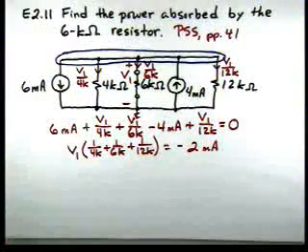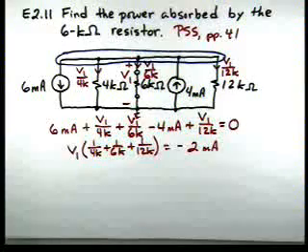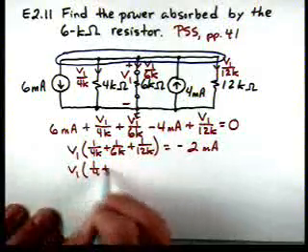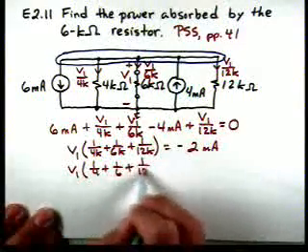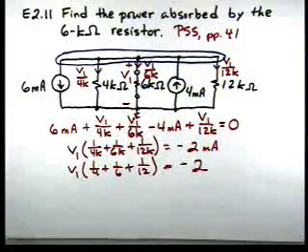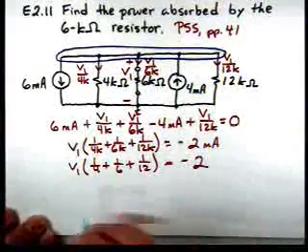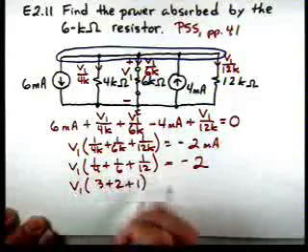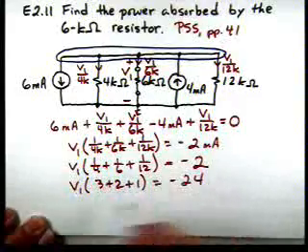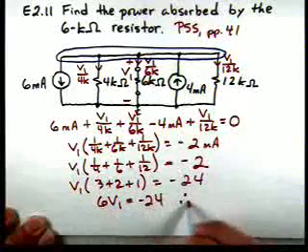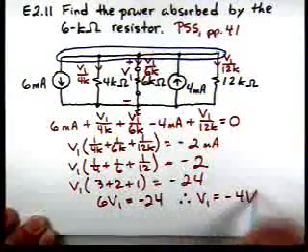If we multiply through by 1,000, we'll have V1 as 1/4 plus 1/6 plus 1/12 is equal to minus 2. And if we multiply through by 12, we'll have V1 is 3 plus 2 plus 1 is equal to minus 24. 6 V1 is minus 24. Therefore, V1 is equal to minus 4 volts.